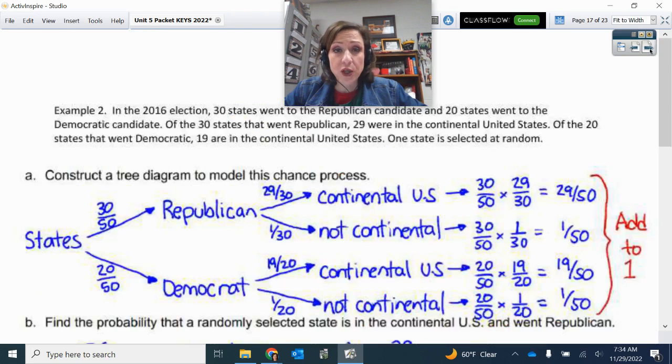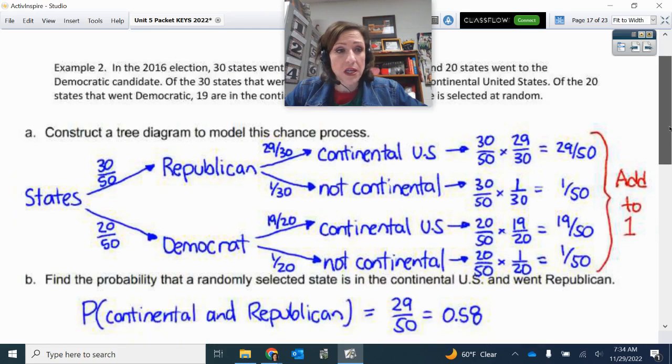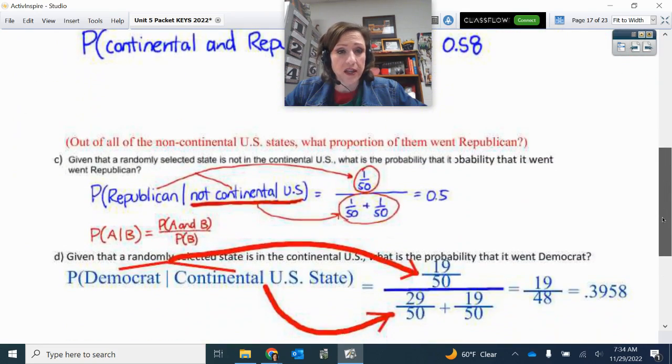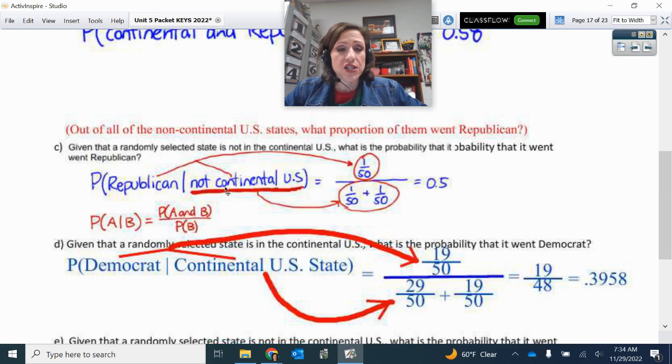Now, if you go on to this next one here, then you're going to be working on this. Once again, I'm going to give you a little bit of time to read this problem. Probability that it's Republican, given that it is not continental United States. In fact, this is what's on the formula chart. The probability of A given that B has happened.